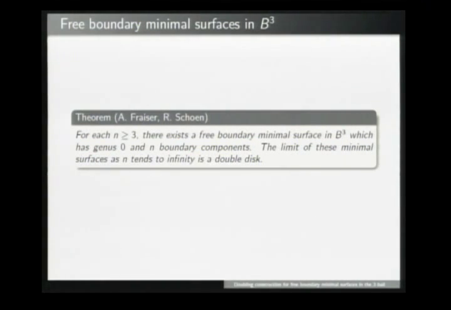A free boundary minimal surface is a surface embedded in the three-ball with boundary on the two-sphere. It touches the boundary on the two-sphere in an orthogonal way.